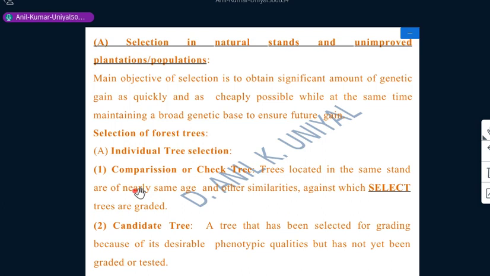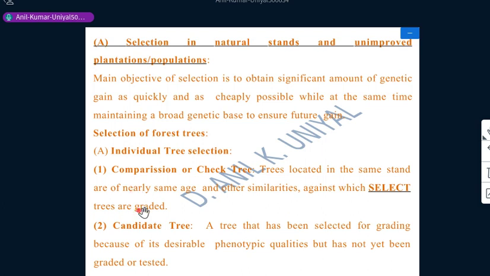For the very first instance, when we enter any forest for the intention of selection of trees, we have to divide them into 150 and 150, an equal 50% ratio. 150 will be the intended main trees, or 150 will be their comparison trees also.